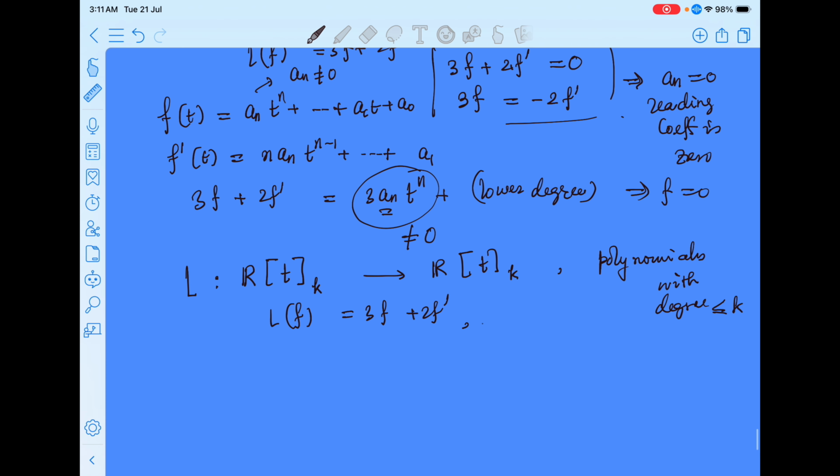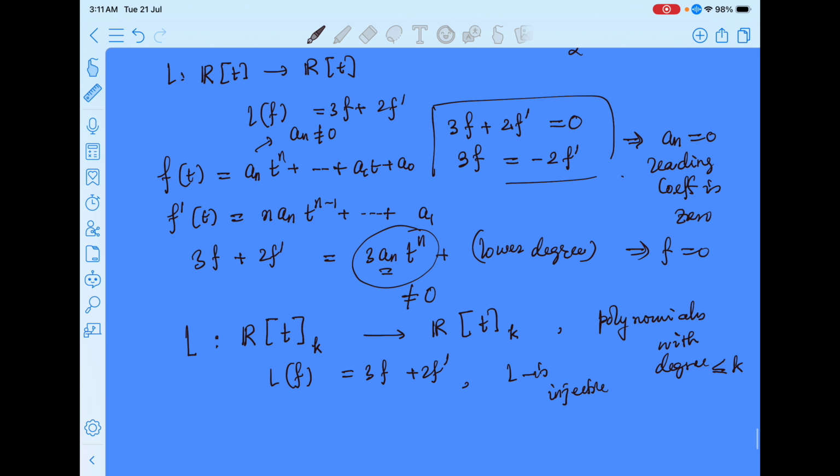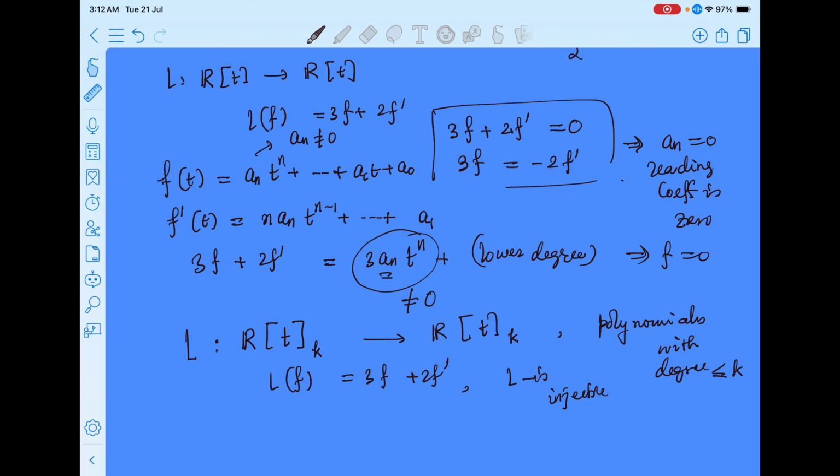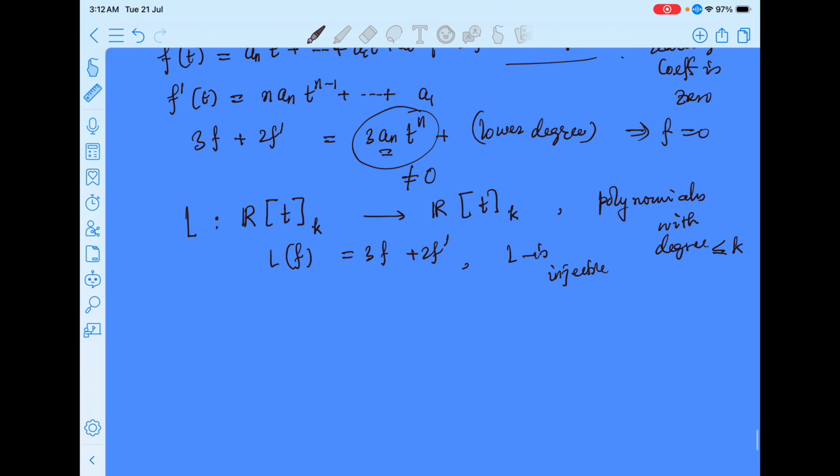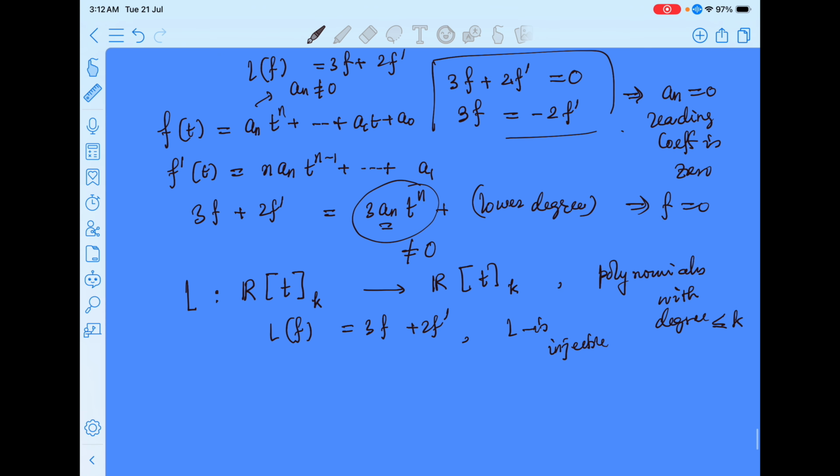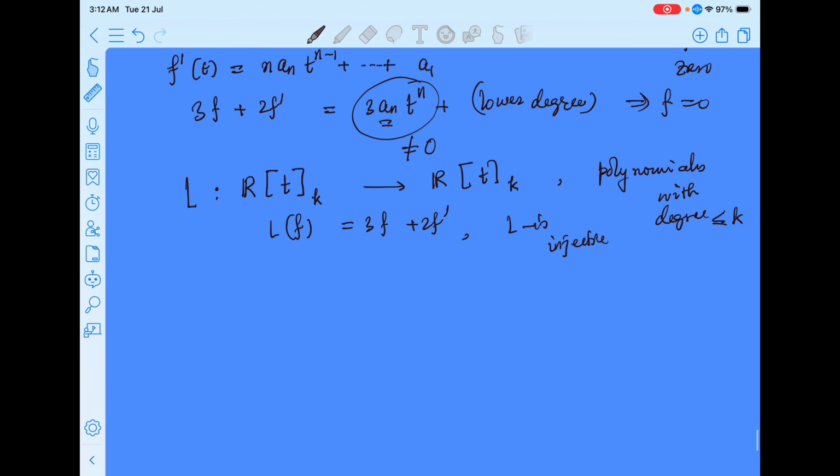Now we showed this L is injective, right? L can be viewed as a linear transformation from all polynomials of degree less than or equal to k to the same space. This is a well-defined linear transformation, and we showed that L is injective. The space has dimension k + 1.